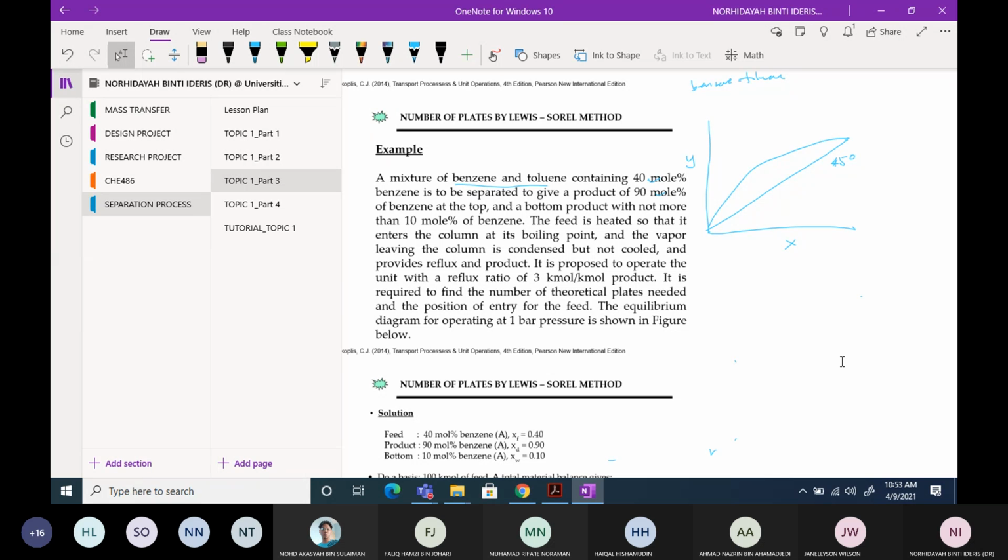Okay, read the question while plotting. Okay, a mixture of benzene and toluene containing 40%. Okay, let's see.